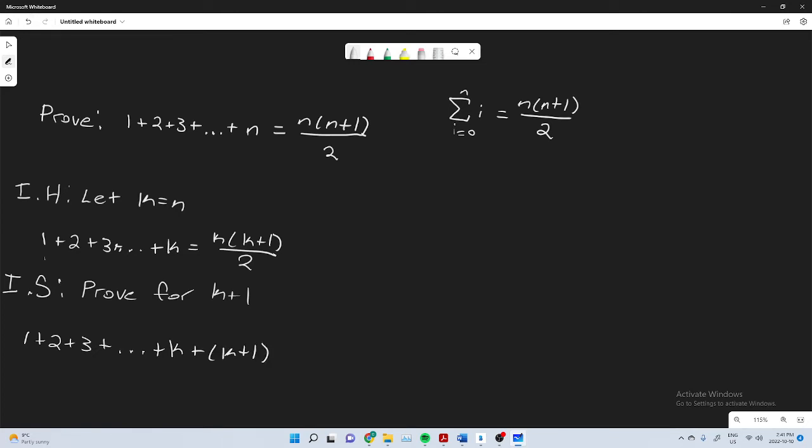And we're going to say this is going to be equal to k plus 1 times k plus 1 plus 1 over 2, which is also just equal to k plus 1 times k plus 2 over 2.